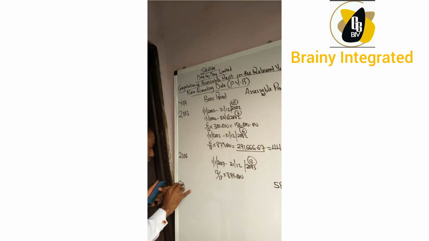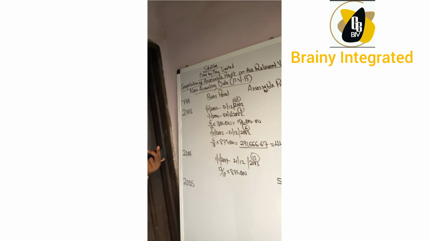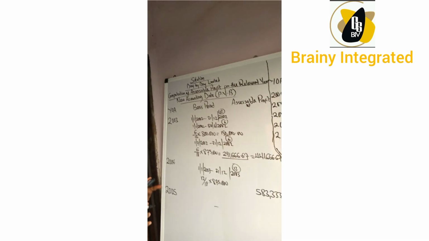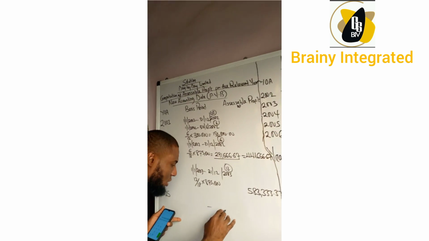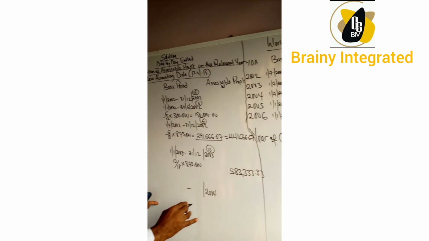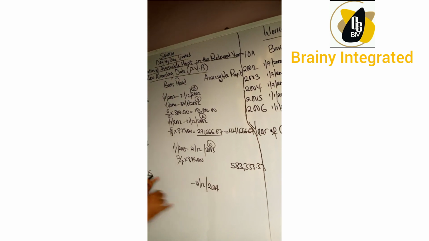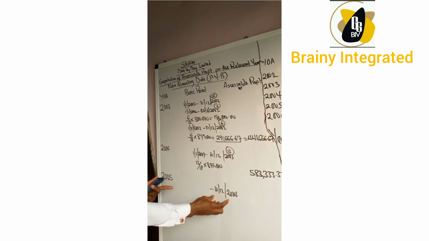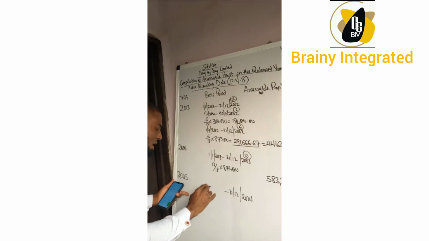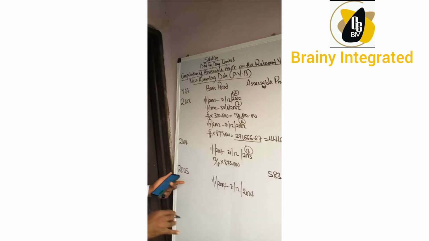All right, so the next year of assessment will be 2005. What is the preceding year of 2005? The preceding year of 2005 is 2004. What is the new account date? 31st December. So I'm going to count 12 months backward. What is the 12 months backward of this? 1st of January 2004.